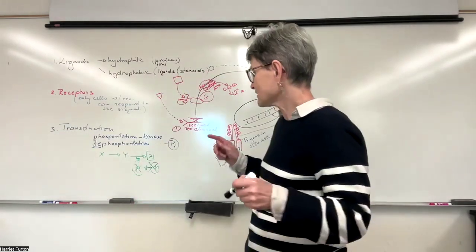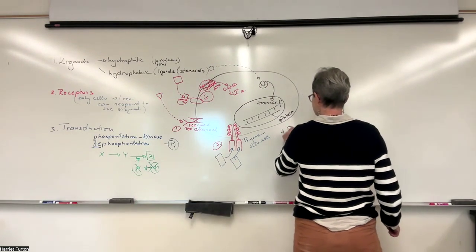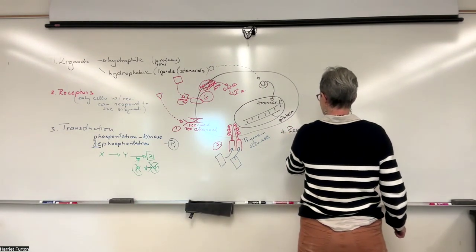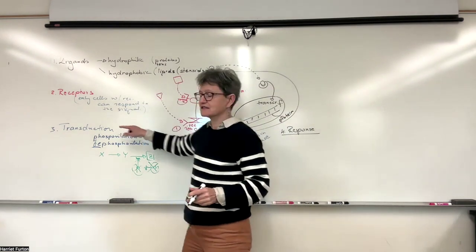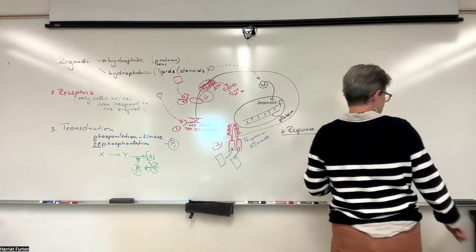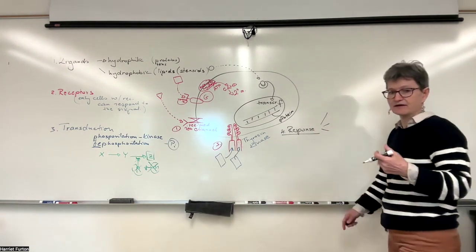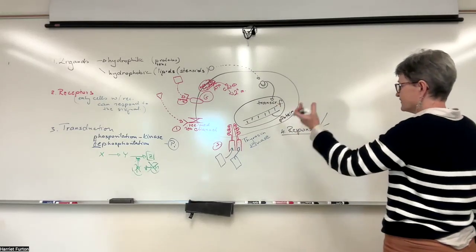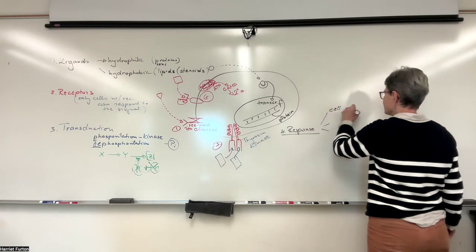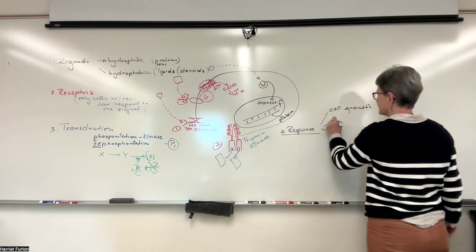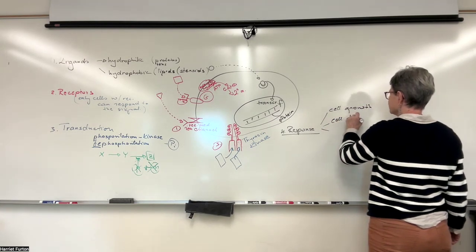Now, the last one is going to be the response after the cascade. So reception, transduction, and response. The response can be depending on the different functions and the enzymes over there. It can be cell growth. It can be cell division.